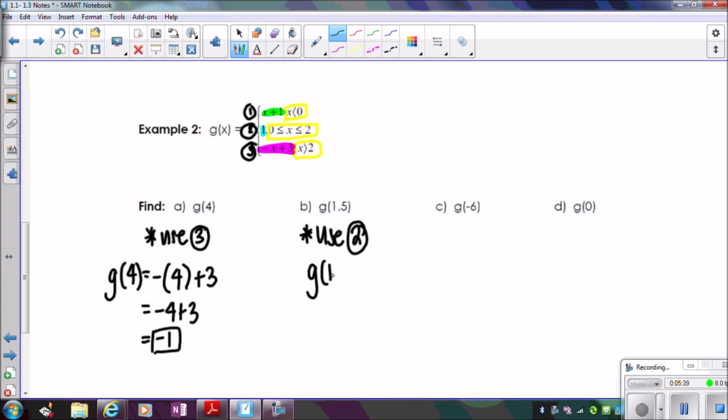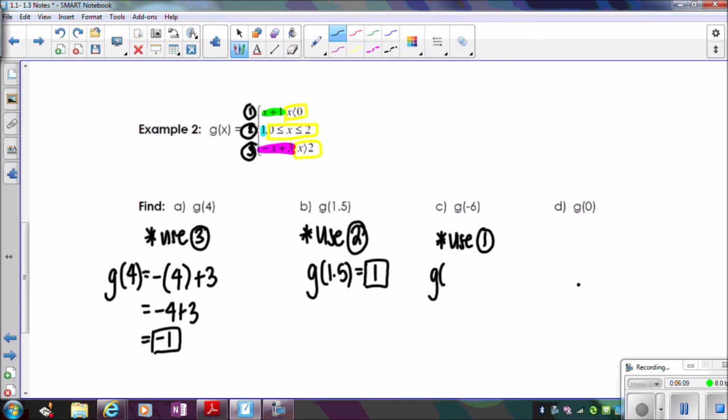And we go ahead and set it up. We copy this down, and wherever there's an x, we put parentheses, but there's no x, so there's no parentheses. There's nothing for us to plug into, so it's just going to equal 1. That's it. There's no x for me to plug 1.5 into. The third one here, negative 6, is less than 0, so we're going to use number 1.